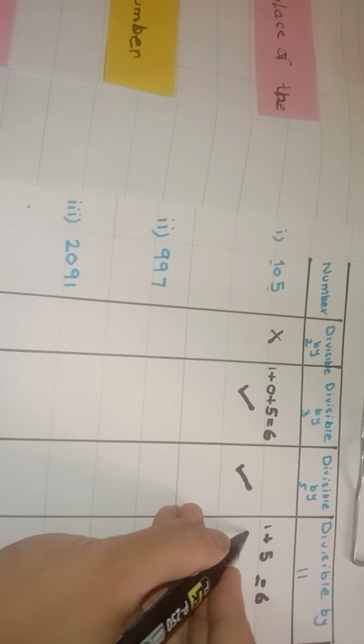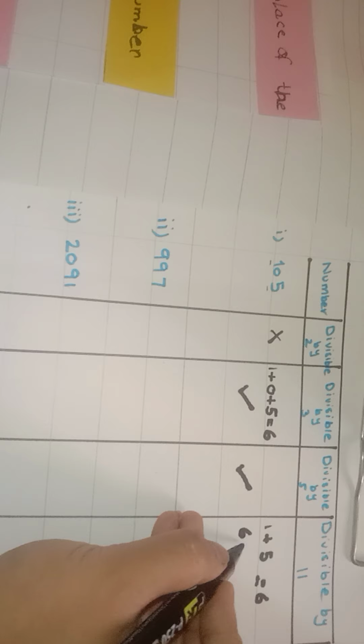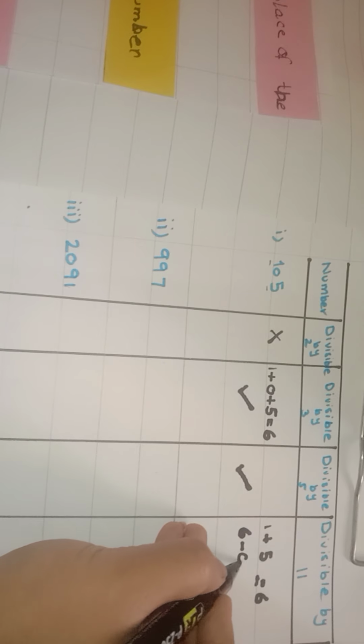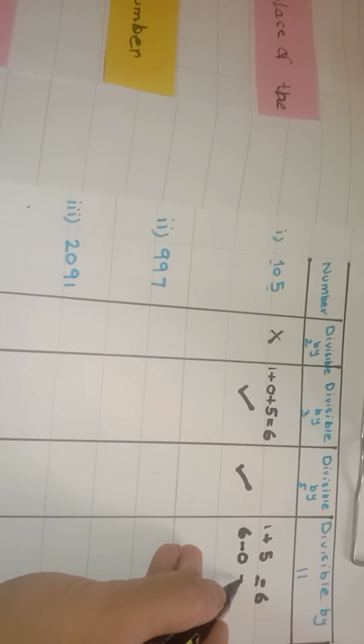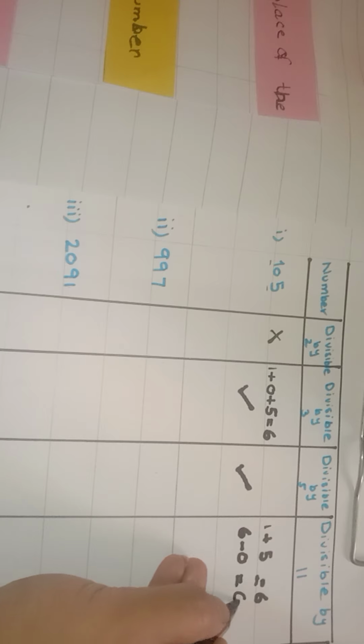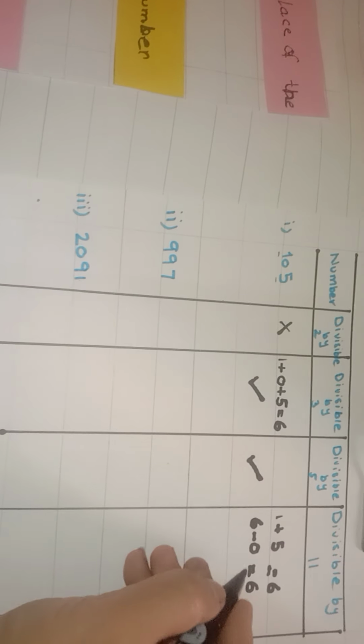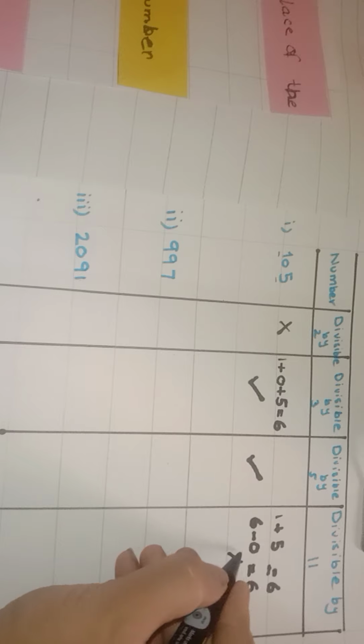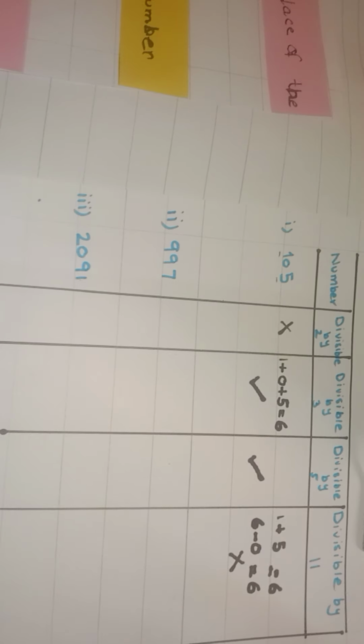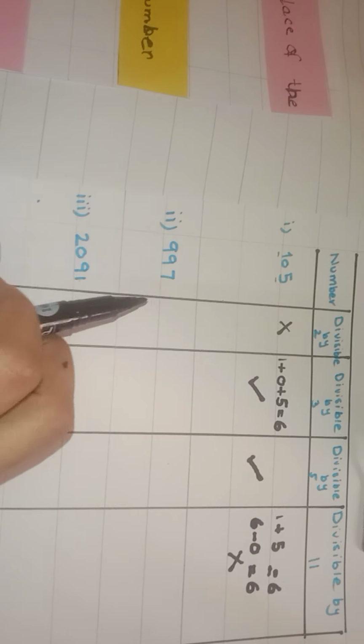So we will subtract. First of all we will find, then we subtract the alternate digit. The answer is 6, but for the divisibility of 11, it is necessary that answer should be 0 or divisible by 11. So these both conditions are not satisfied, so we will place a cross here that it is not divisible by 11.